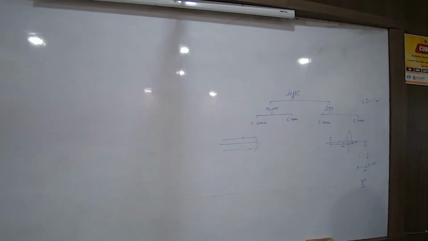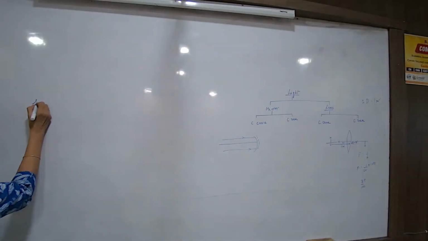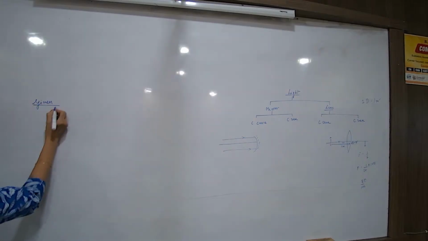Write it down in your notebook. Okay, come on, write down. Page number 158. Come on, everybody do it. Page 158. Distance. What is given to us? Okay.